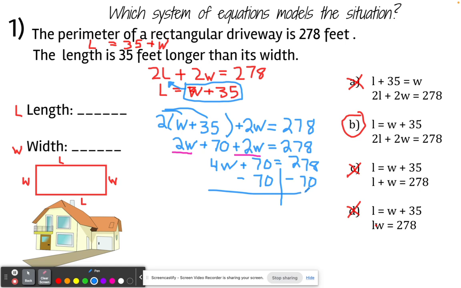And I have 4W equals 208. And my last step will be divide both sides by 4. And my width, or W, will equal 52. W is going to be 52 feet.